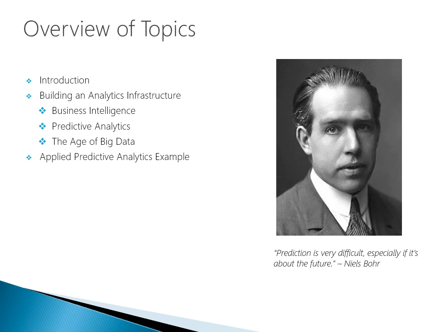This is the master of prediction himself, the grandfather of quantum mechanics. And prediction is difficult. And the further out into the future that we go, the less clear our predictions become. So I just think that when we're looking at predictive modeling as a whole, we need to consider this and just kind of keep it in the back of our mind.